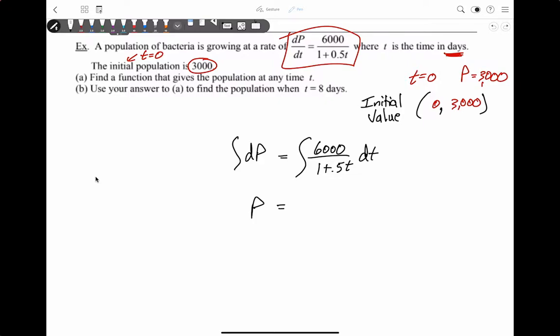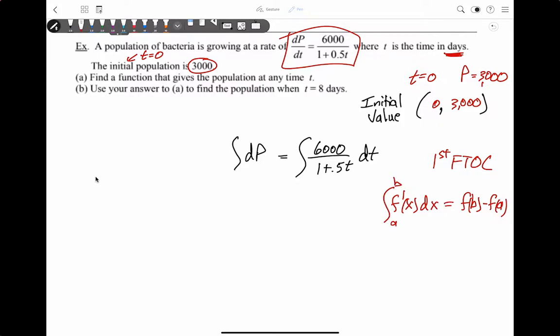It says find a function that gives the population at any time. So what we've just completed in our previous examples, I'm going to rely on the first fundamental theorem, as far as this F prime relationship that exists between the change in positions. I keep going back to this.